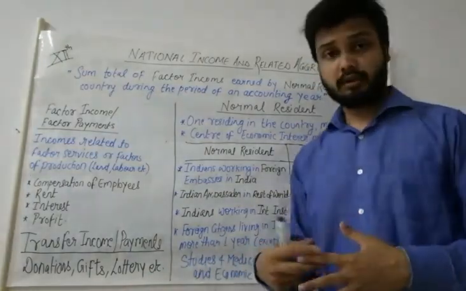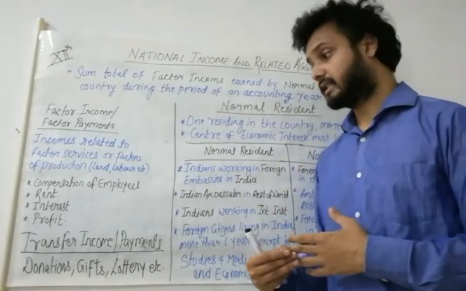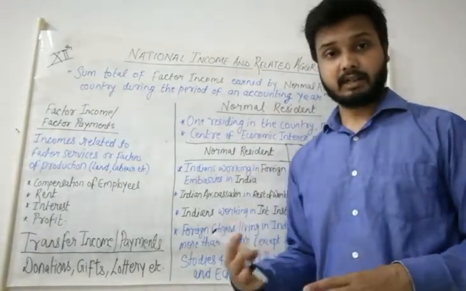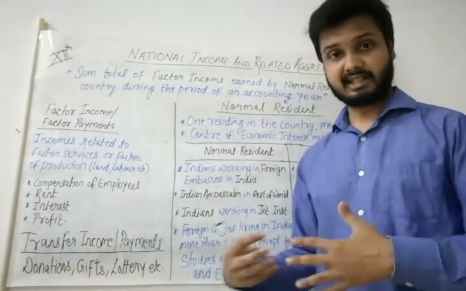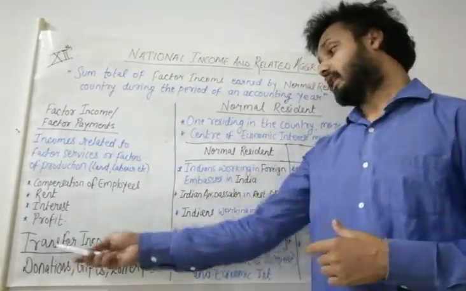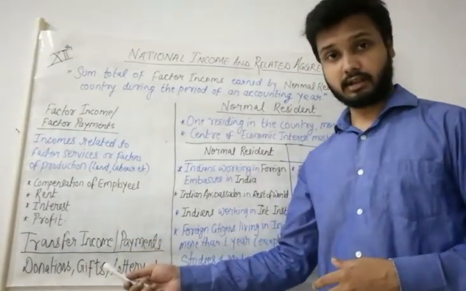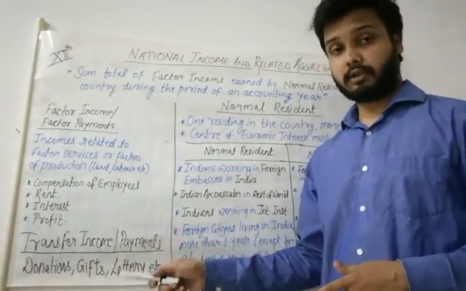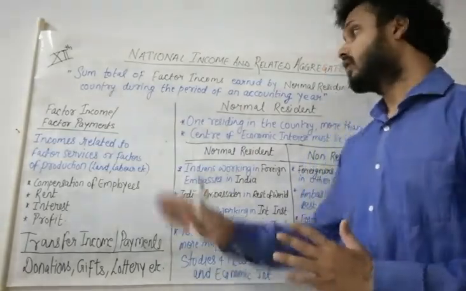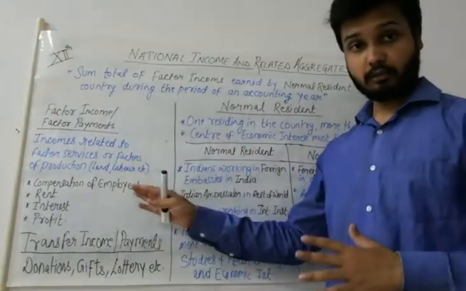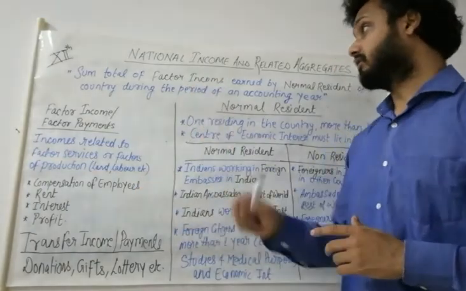All those types of incomes that we receive without providing any service or doing any work, we are not earning this, we are just receiving this. This type of income is known as transfer income and it is not included in the calculation of national income. So this was about factor income or factor payments.